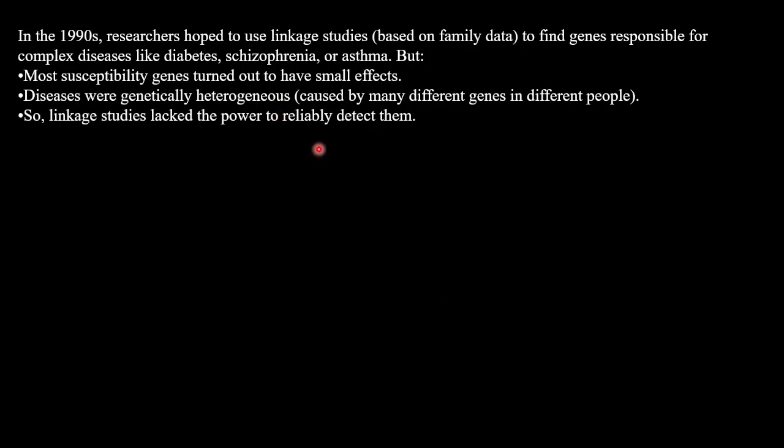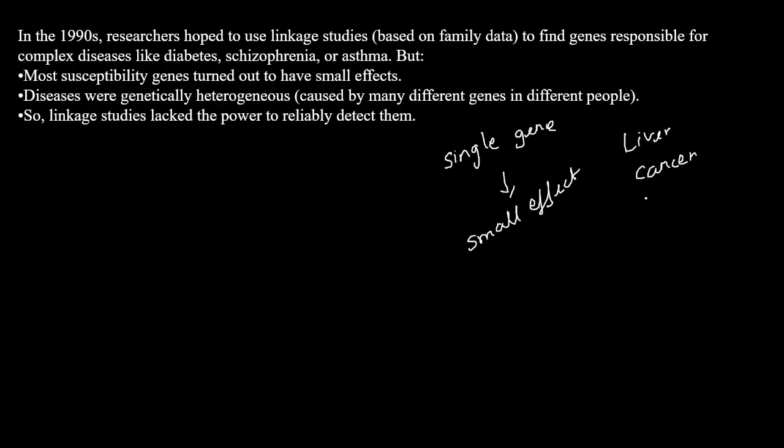In complex diseases, a single gene has a very small effect, and multiple genes altogether create the problem. For example, in liver cancer, it's not just one gene causing the disease. There are multiple genes, and each gene has only a small effect. That is a complex disease.